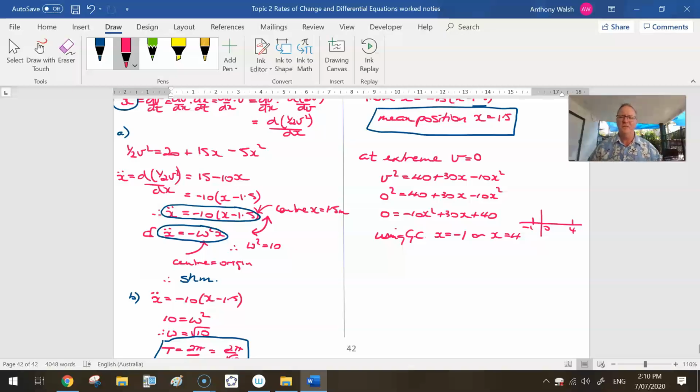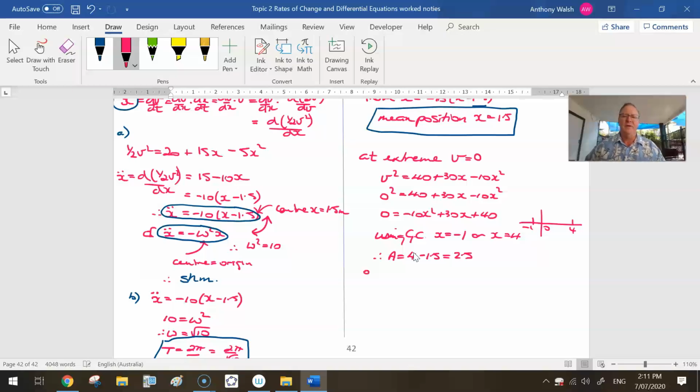So, what does that make the amplitude? Well, if you were to take the extreme 4 and take away the mean position, which we know is 1.5, the amplitude would be 2.5.